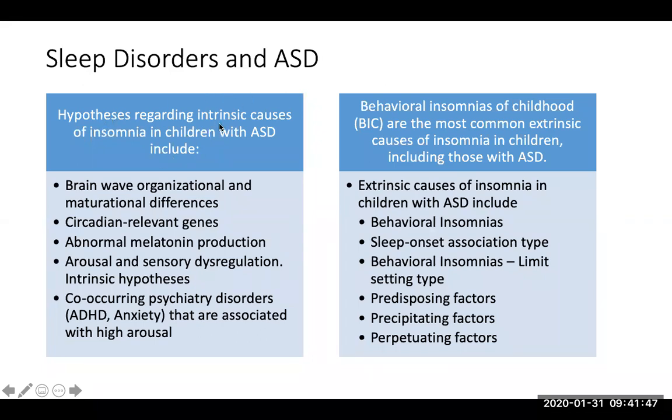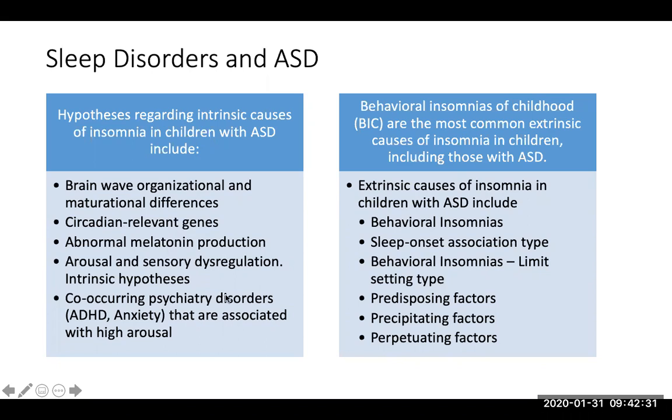The hypotheses regarding intrinsic causes of insomnia in children with autism include brainwave organizational and maturational differences. You probably have heard that we all have our circadian rhythm that is coded by some genes. It looks like people with autism have differences that cause them to have different circadian rhythms. People with autism appear to produce less melatonin, and they have different arousal and also dysregulation.